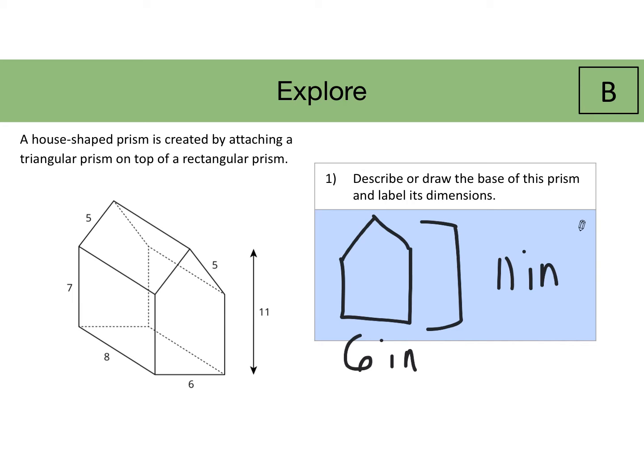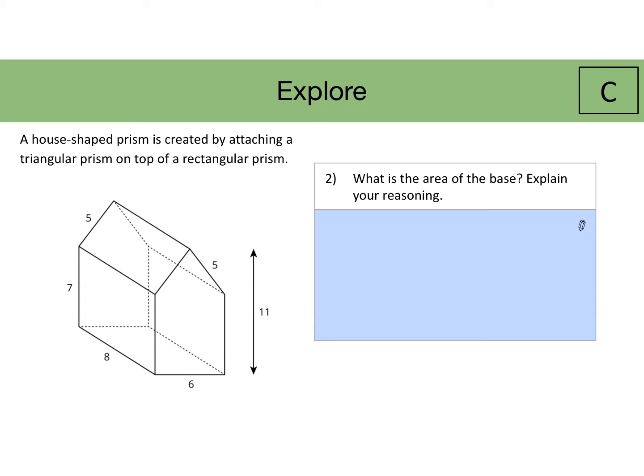And they can further break it up into a triangle and a rectangle and say that this triangle has a height of 4 and the rectangular figure has a height of 7 inches. Let's not forget the units.